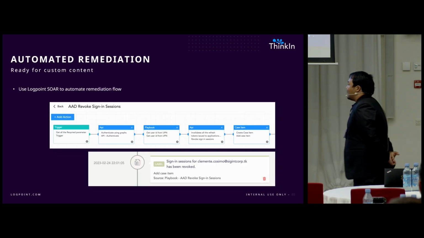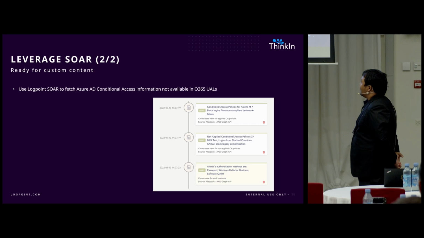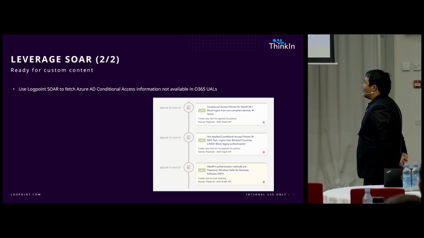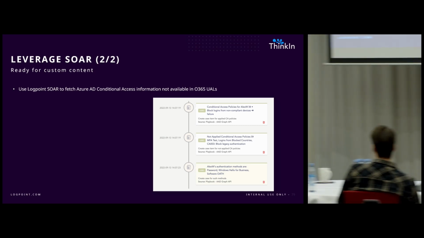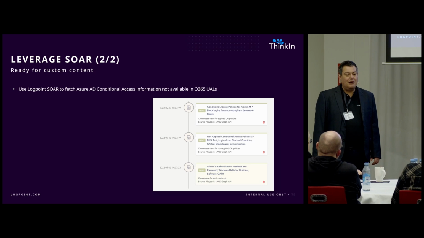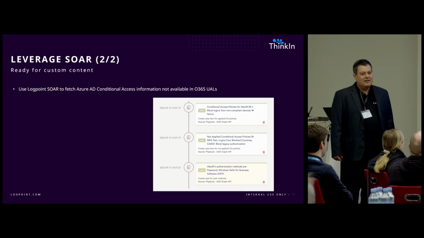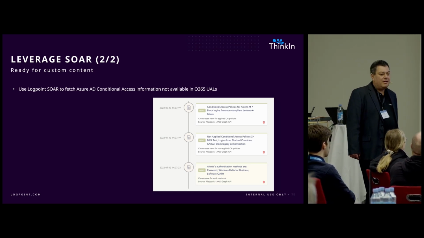Here you can see we are using SOAR playbooks to fetch the conditional access information from Azure AD, so you can see which conditional access policies were blocking your sign-ins. You don't have to go to the Azure portal. You can see all the information directly from a single point. Again, not doing anything magic here, just saving you a lot of typing across multiple screens with multiple interfaces that at least I personally will never have time to learn.